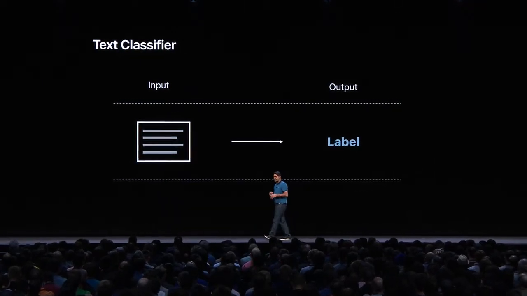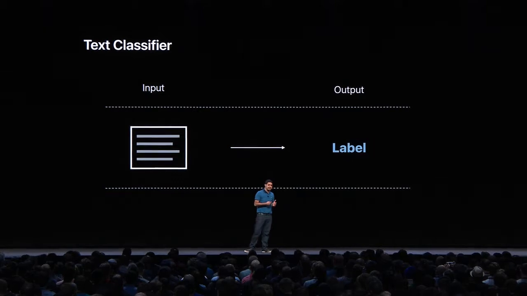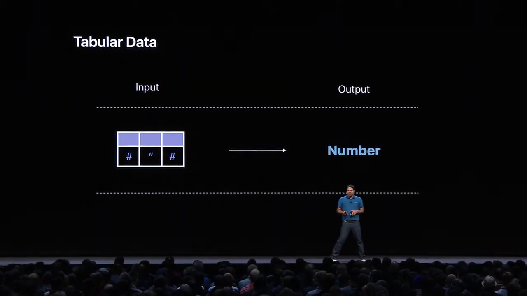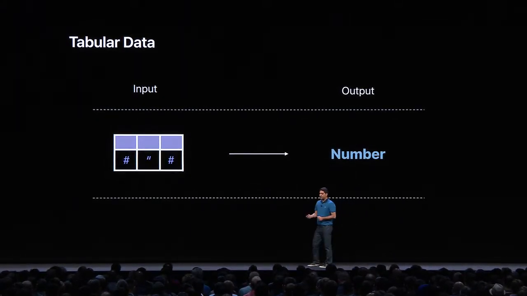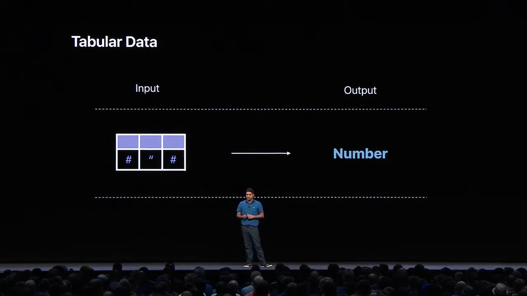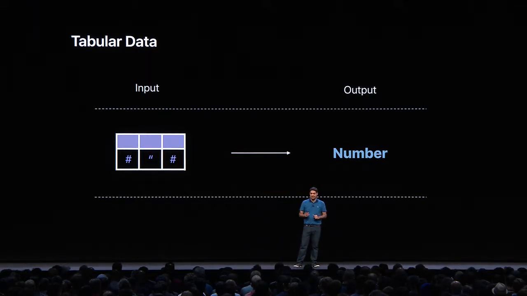You can do things like a text classifier, so you can make your own sentiment analysis, topic analysis, domain analysis. And you can also do classical regression and classification on tabular data. For example, let's just say you want to predict the wine quality using its chemical composition. The possibilities are endless, and we are going to discuss them in detail in the next 30 minutes.